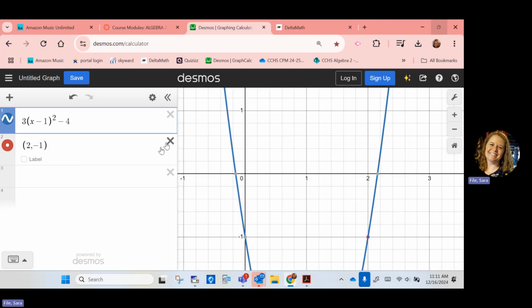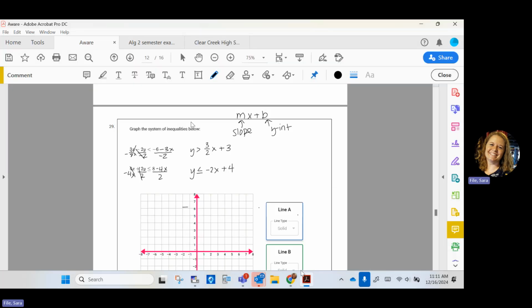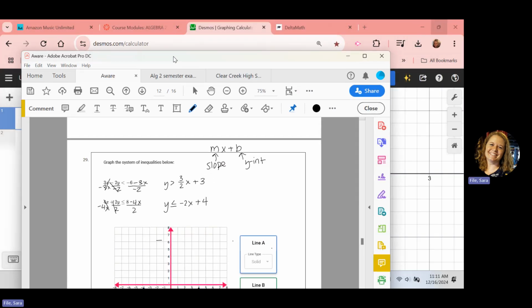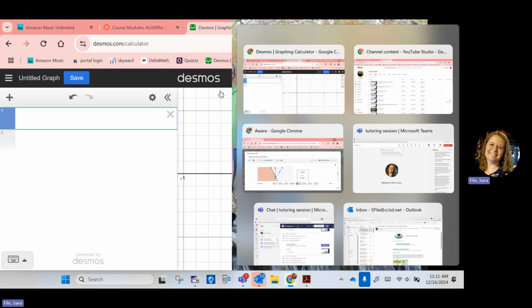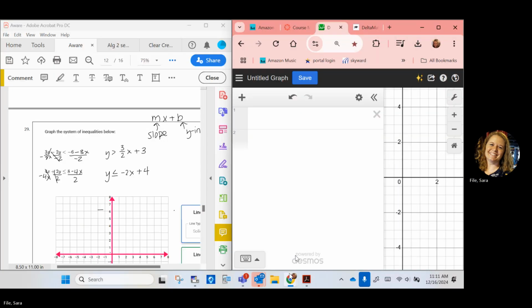You can always look at them in Desmos to check that it matches. Let me split screen here. Let's see what happens when we plot them without getting them in mx plus b form. I haven't tried this, so let's see.